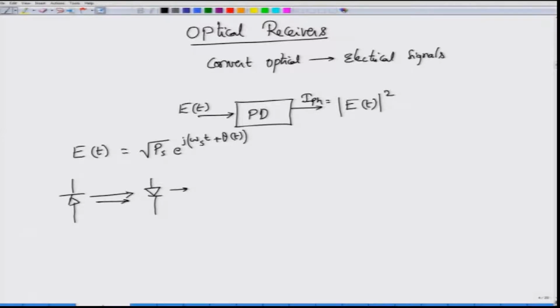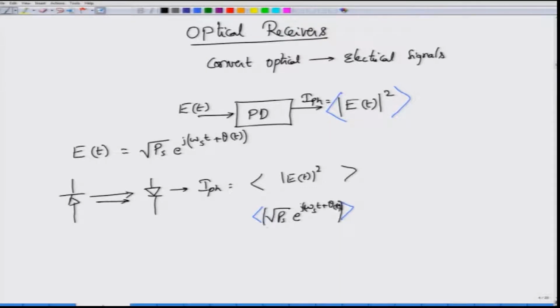When you look at that in the photodetector, what you see is the photocurrent, which is actually the average of mod E of t squared. I forgot to put in the average. What you get here is the average value of mod E of t squared. But what is the average value in this particular example? In this case, I know that E of t is given by square root of Ps e to the power j omega s t plus theta of t.